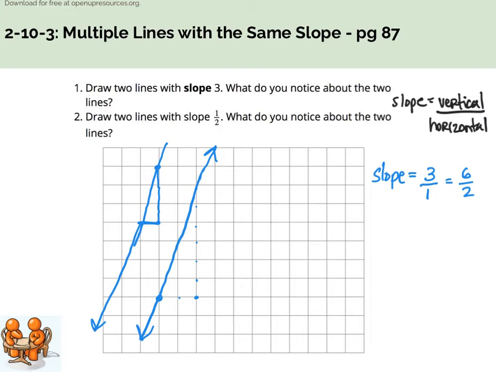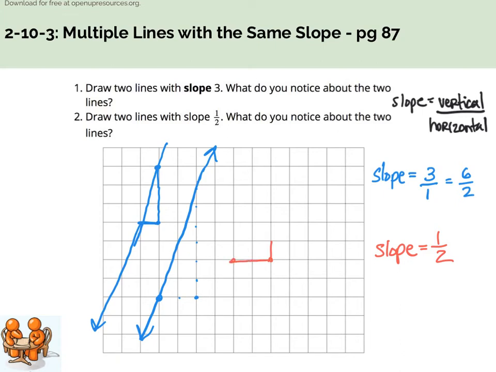Now I want you to draw 2 lines with a slope of 1/2. So go ahead and pause right now and draw 2 lines with a slope of 1/2. Now that you have drawn a slope of 1/2, I'm going to go ahead and do that. So again, I know my 1 is my vertical and my 2 is the horizontal.